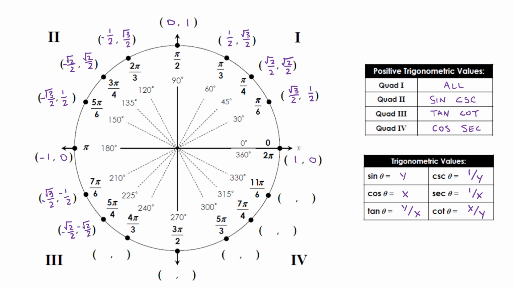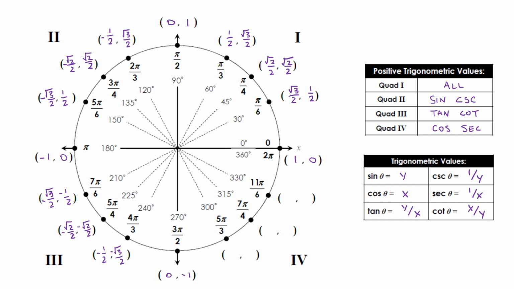For 240 degrees, the reference angle is 60, so that would be 1/2 and square root 3 over 2, so that's negative, negative. For 270 degrees, the cosine would be 0, sine would be -1. All right, now we're in quadrant 4, last quadrant.